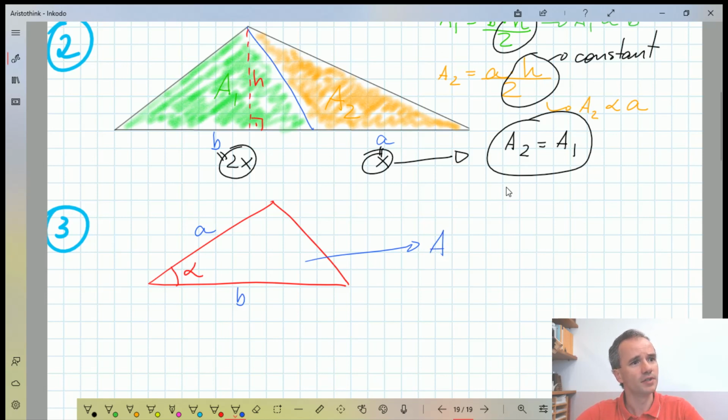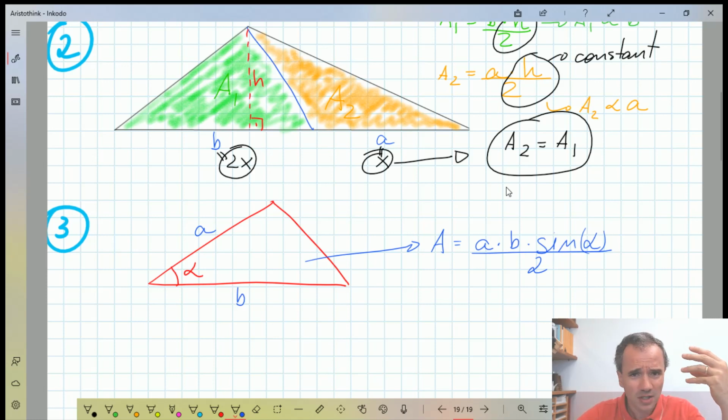The area is going to be one side times the other side times the sine of the angle that connects those 2 sides, so sine of alpha, and divide everything by 2. That is the other formula that I need to tell you.